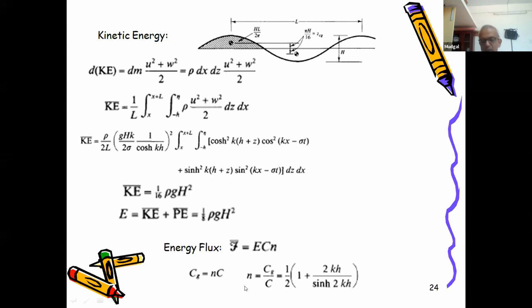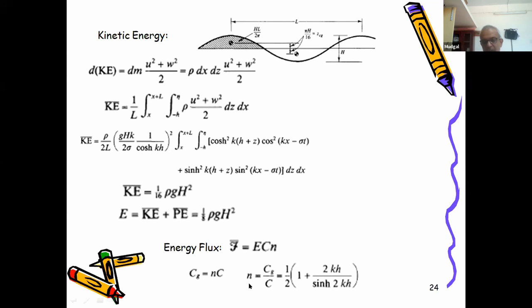Of course, this N you will also get in the wave tables, which is equal to half of 1 plus 2 kh by sine 2 kh. Now when you have shallow waters, sine 2 kh is almost equal to 2 kh, and this would become 1, so for shallow waters, n is about 1.